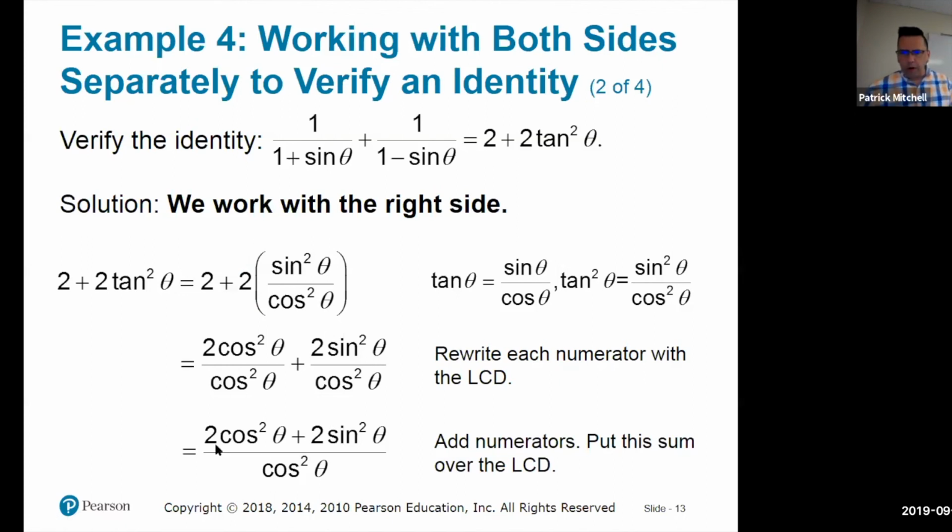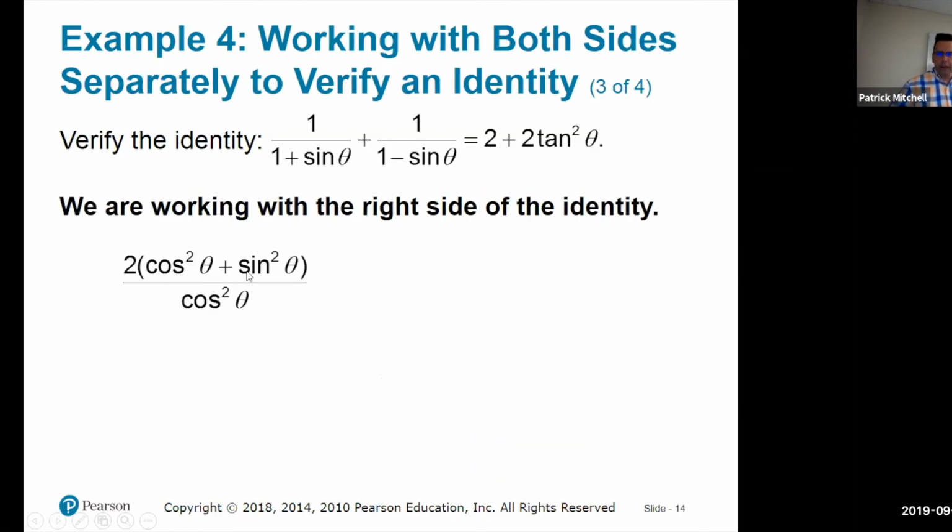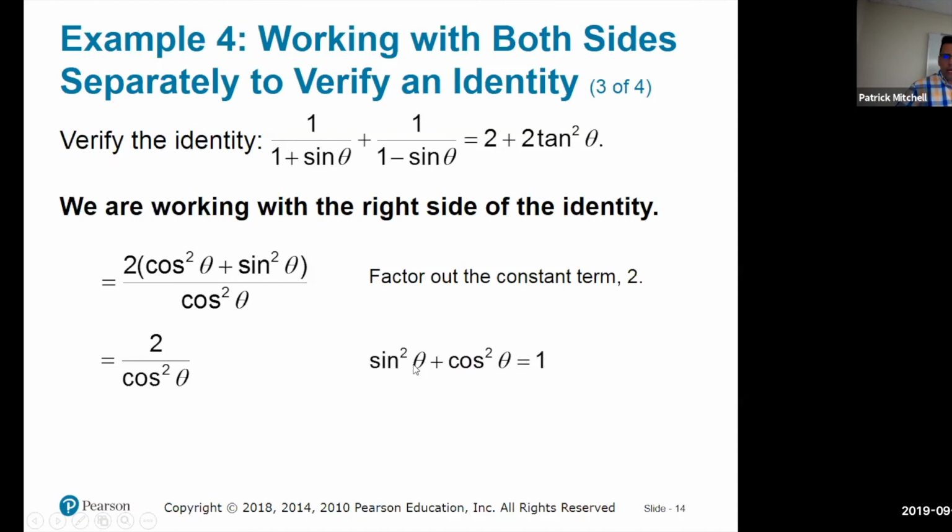All right, so what we're going to do next is factor the 2 out of this 2 cosine squared theta plus 2 sine squared theta. And that gives you this. So hopefully some alarm bells are going off. Cosine squared theta plus sine squared theta. That is equal to 1, right? So this thing here turns into 2 times 1, which is just 2.